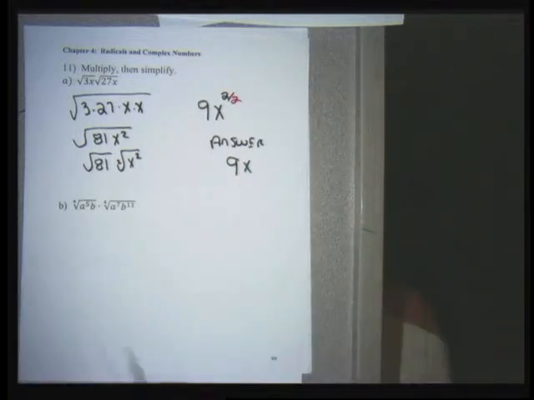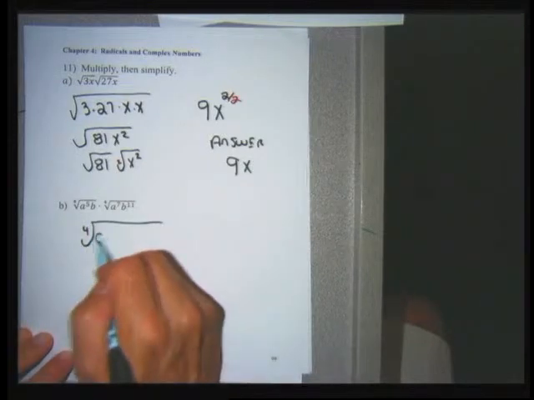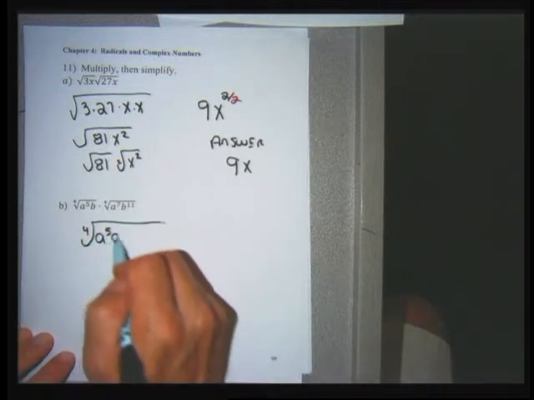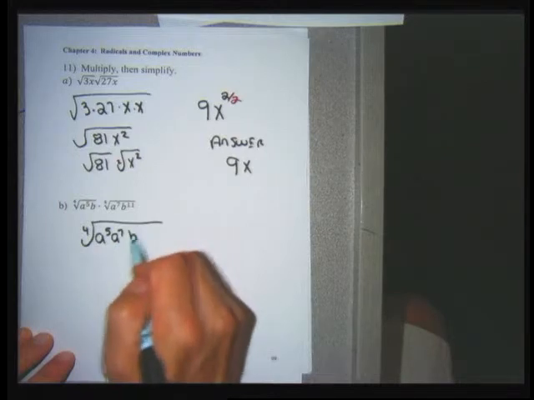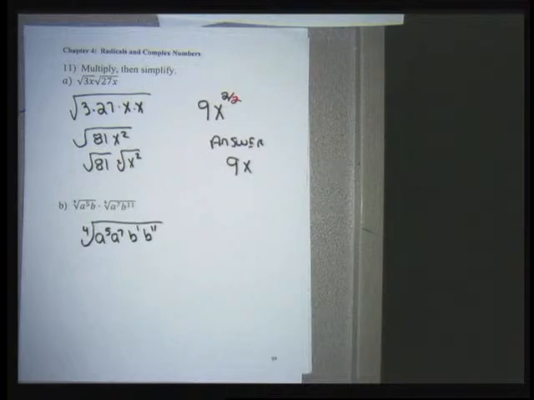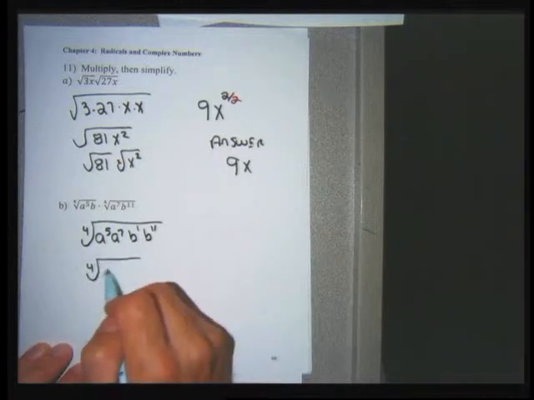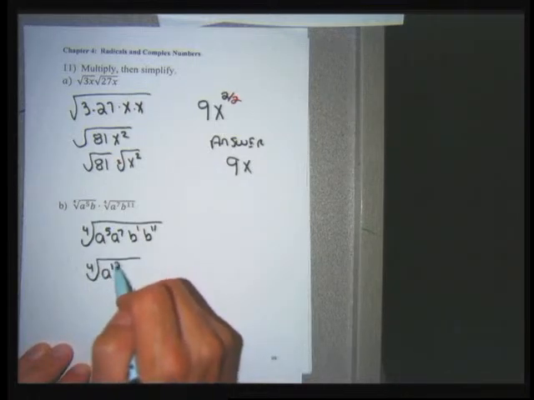For part B, I'm going to multiply the a's by adding their exponents. I'm going to multiply the b's by adding their exponents. And the first b that didn't have an exponent written has an implied exponent of 1. So when I simplify the a's, I'm going to get a to the 12th.